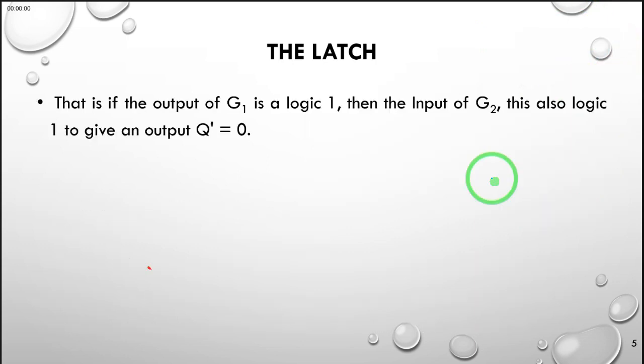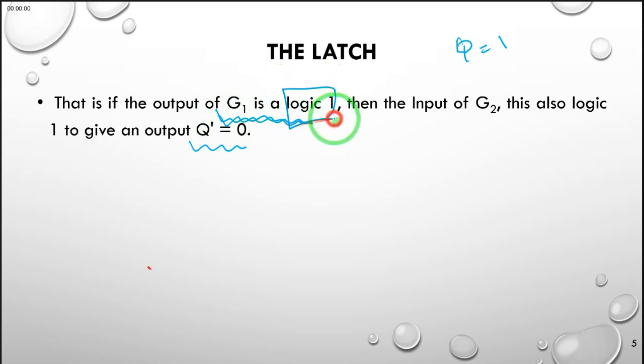So how are we able to get the set state? That is, Q is 1. We're able to get Q is 1 when Q bar is 0, because this output of Q bar is fed to gate 1, and when gate 1 is fed input 0, then the output of that gate becomes logic 1.